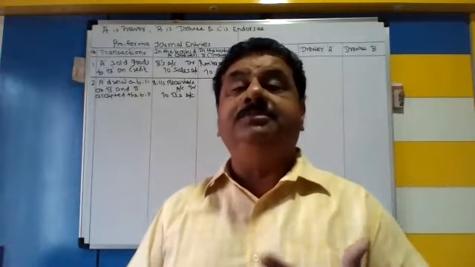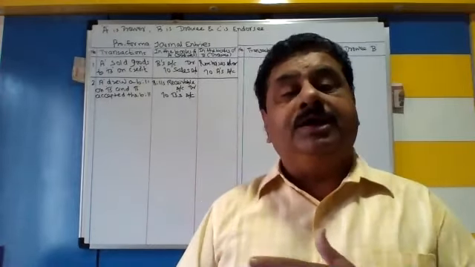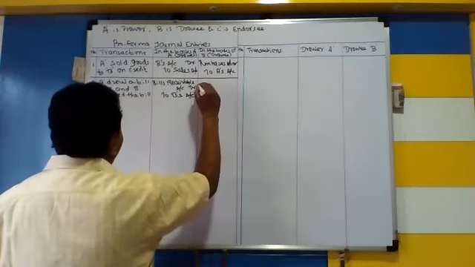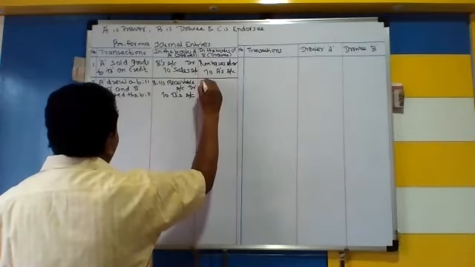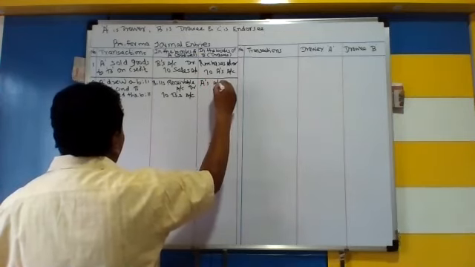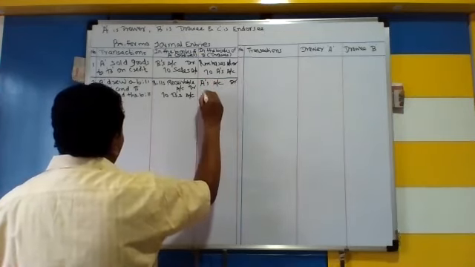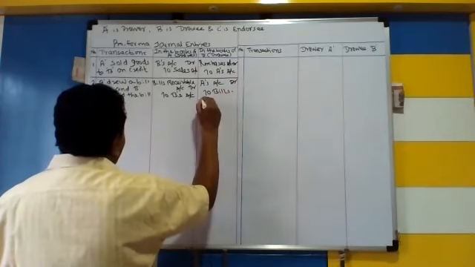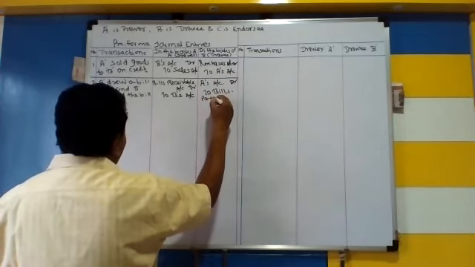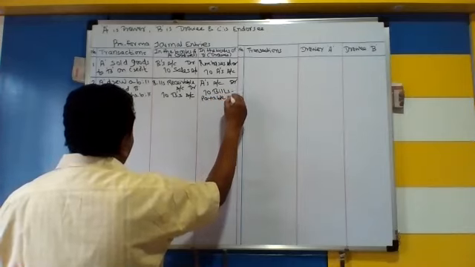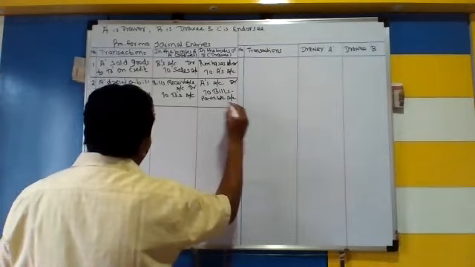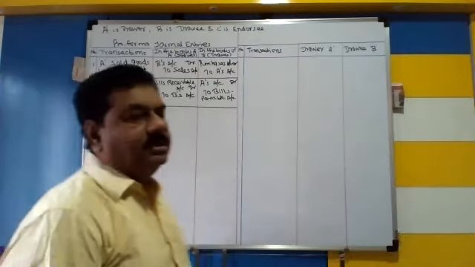So for A it is bills receivable, so accordingly the entry will be coming. And here the entry for Mr. B is A's account debit to bills payable account. This is the journal entry number 2.